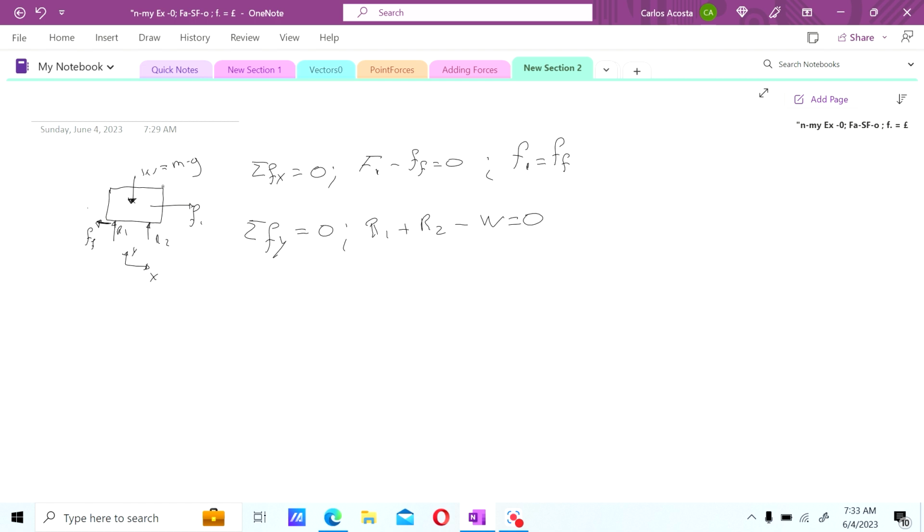If W is greater than R1 and R2, the tires are going to break. And that happens sometimes when you put extra weight, then the suspension breaks or something. So R1 and R2 is not necessarily the force that the tire is in, it's the force that the system has to support in order for the truck to be able to stay at rest.